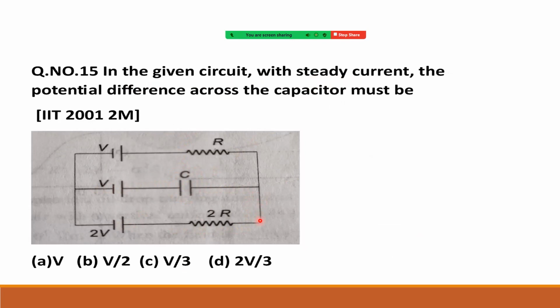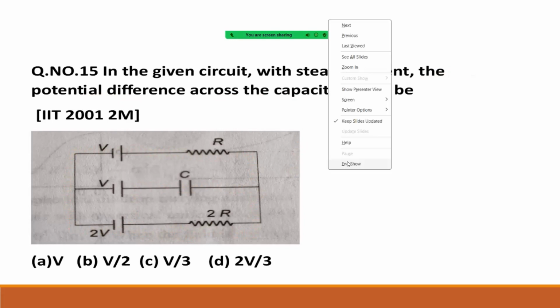That means in the branch which contains a capacitor, there will be no current. So current flows only in the outer part. The potential difference across the capacitor must be, let's see how to solve it. It was asked for 2 marks in 2001.